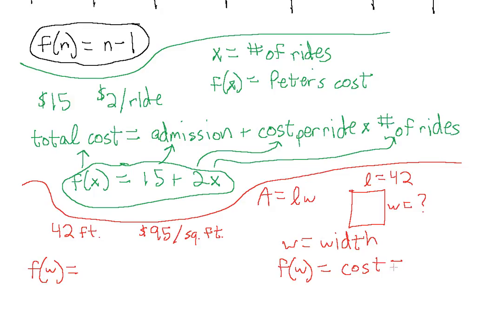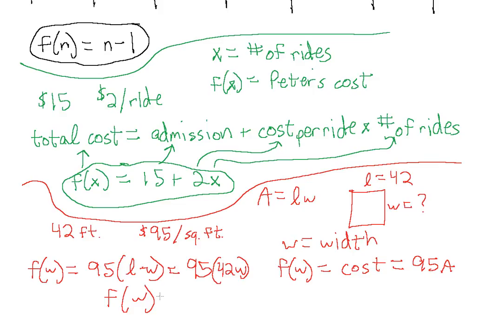So the cost is roughly going to be $95 times A. Well, A is length times width, so our function is going to be $95 times length times width. So let's go ahead and generalize our function. $95 times, well, we know the length, 42 feet long, so 42 times W. And this is going to be our function. F of W equals 95 times 42W.